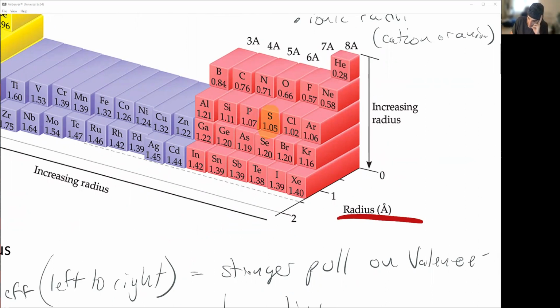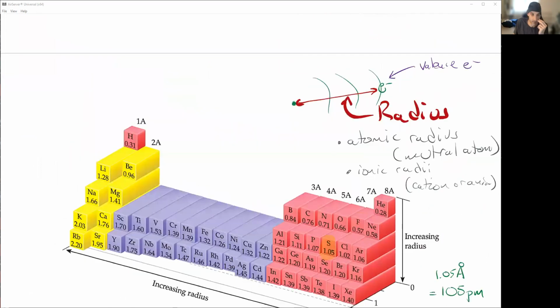So I am going to convert this. 1.05 angstroms is equal to, you move the decimal twice, 105 picometers. We're going to use picometers. That's the standard that we use now. So we're going to call that 105 picometers in terms of the atomic radius of sulfur.